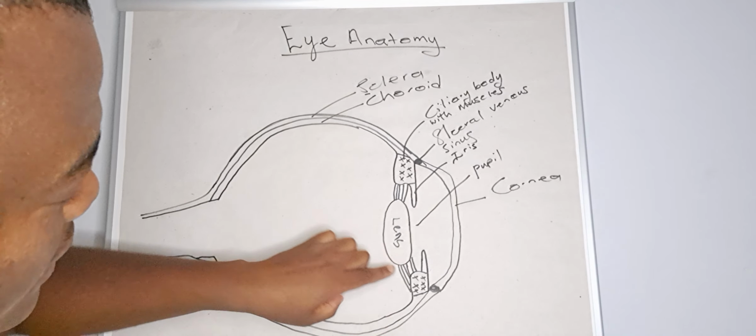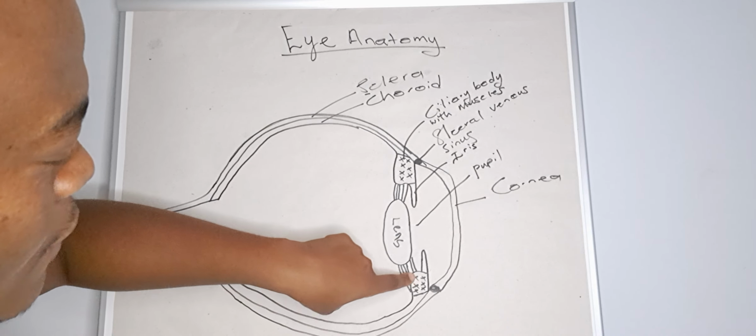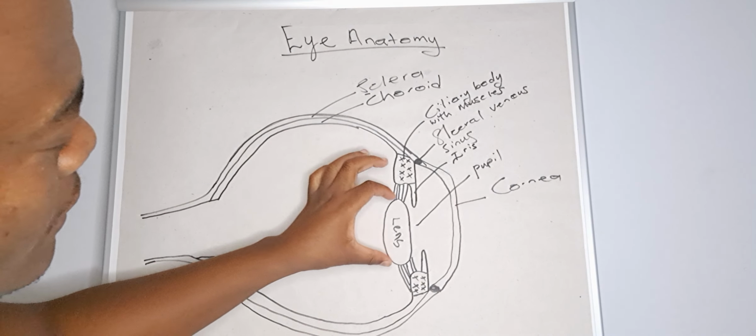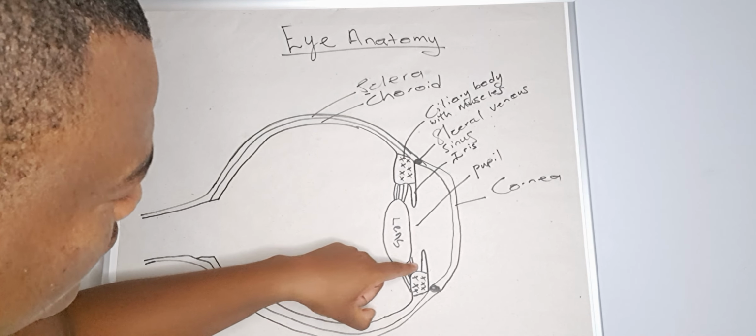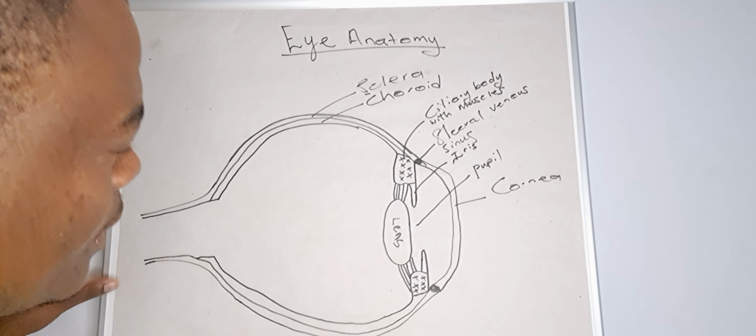What is the name of these things that are attached from our ciliary body and control the overall lens? What is the name of these little spindle things that you see here?